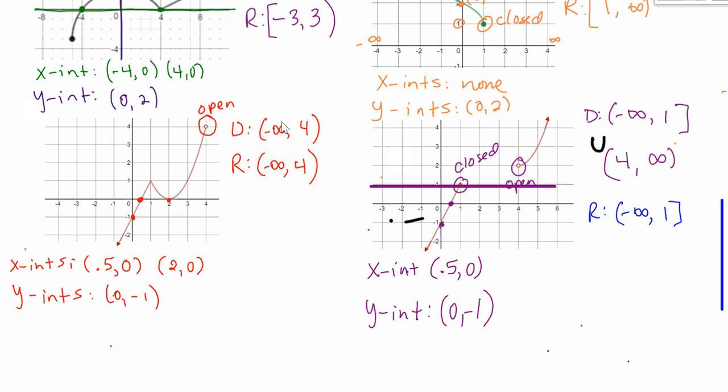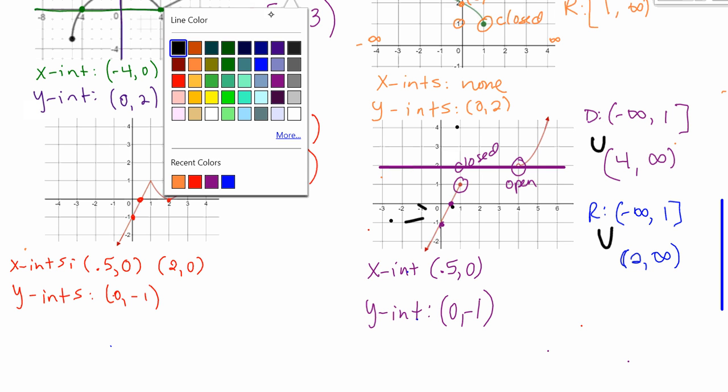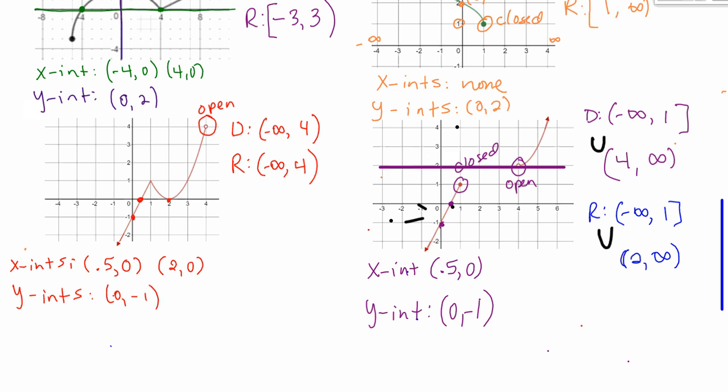But there's another set. There's a hole right here. We can't go straight from it, but we can jump over onto this other one and start a new interval. This one starts at 2 and goes up forever and ever and ever, up to infinity. 2 was open, so I put a parentheses there. And then we put that ugly U. Ugly, there's no frillies to it, nothing pretty. And that's the range.